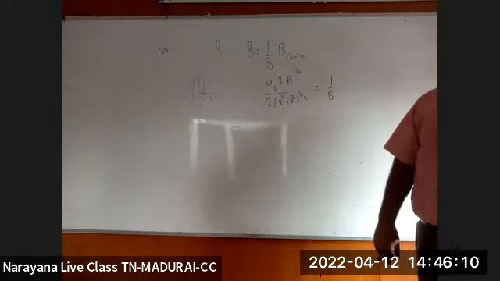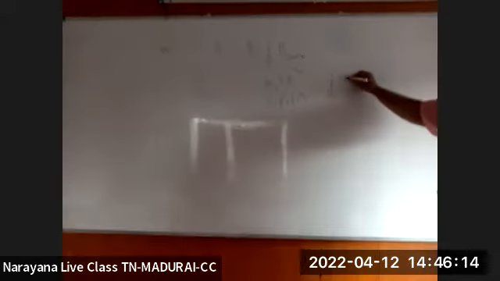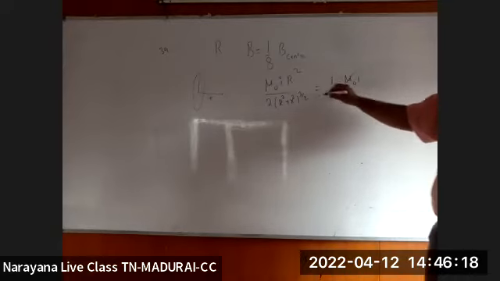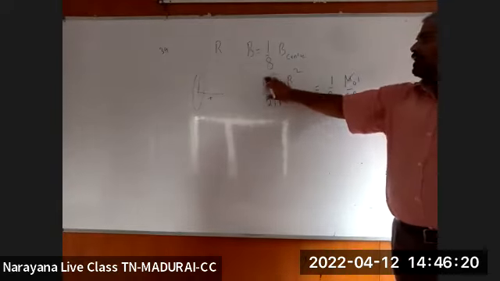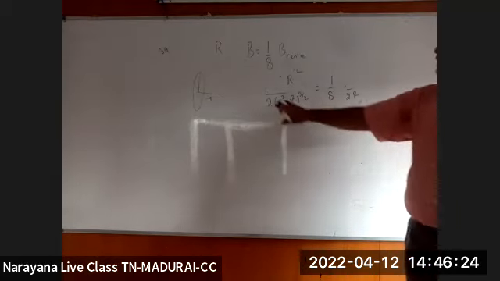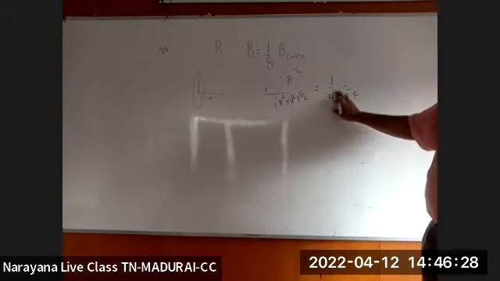Someone tell me what is the magnetic field at the center? Mu naught I by 2R. I cancels. So 2 fours, or 4 twos, are how much? 8 here.